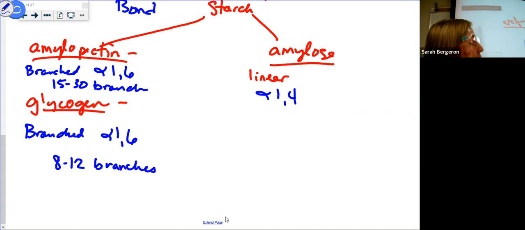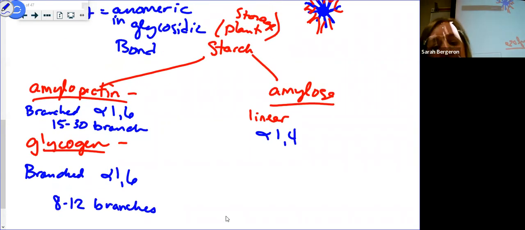So glycogen is going to be able to give us that quicker increase in blood sugar than amylopectin, which is really what we need. The two that look like Kush balls are the branched ones. The one that looks like a phone cord is the amylose. The reason they look different is because of their linkages.